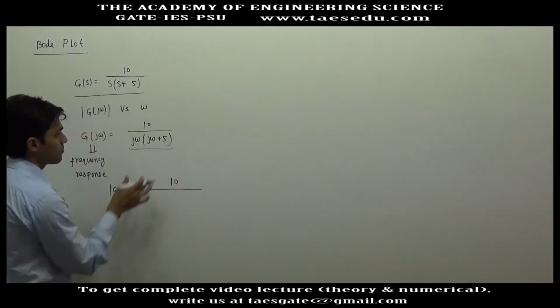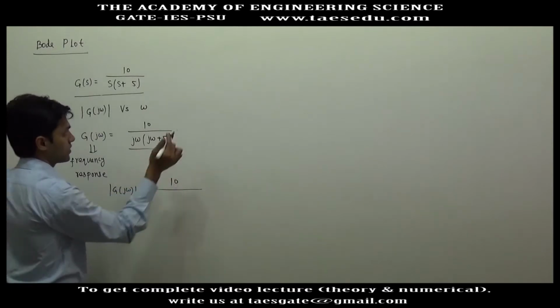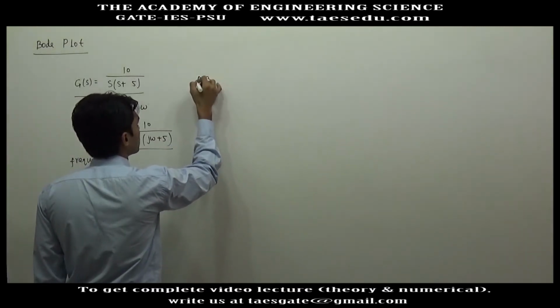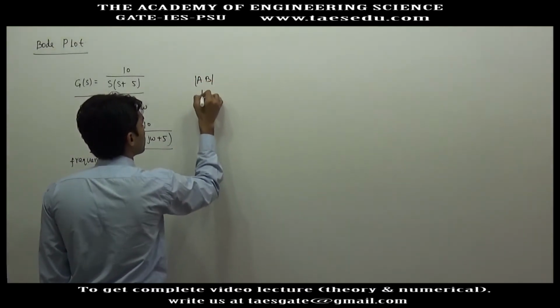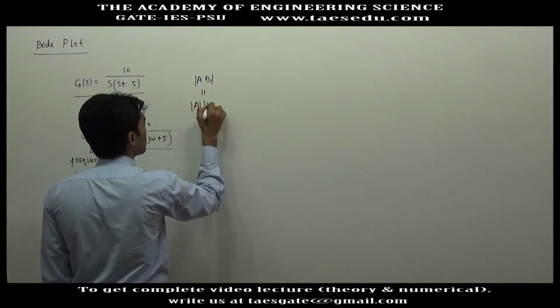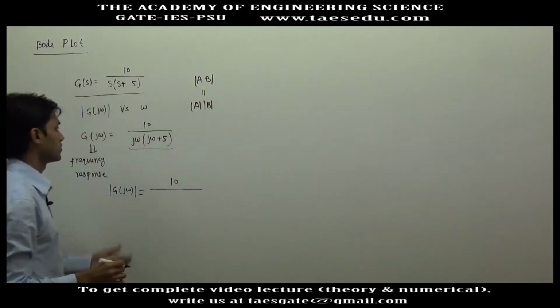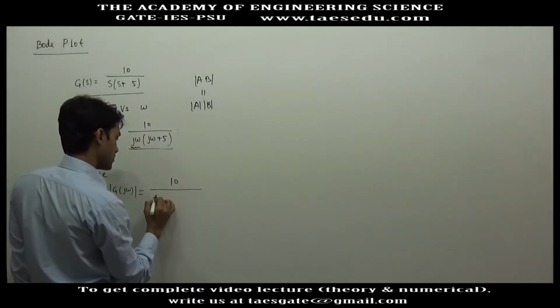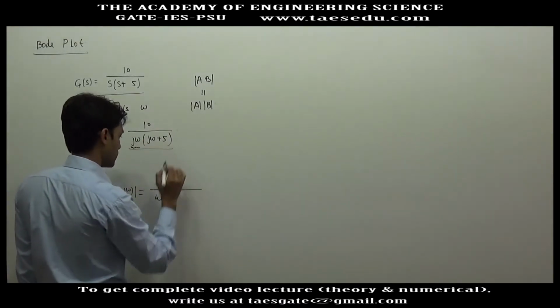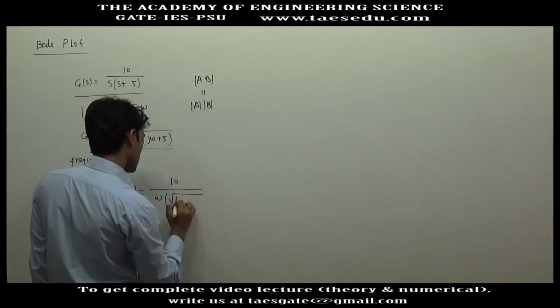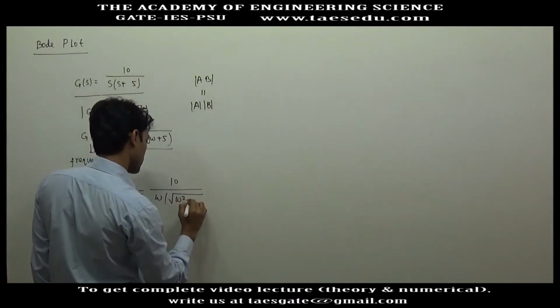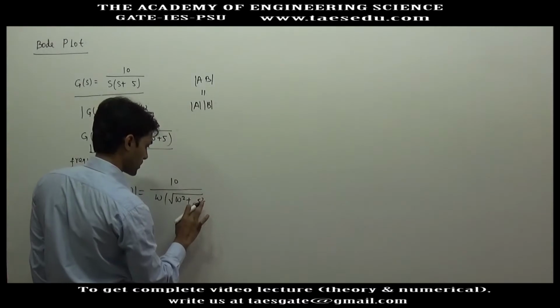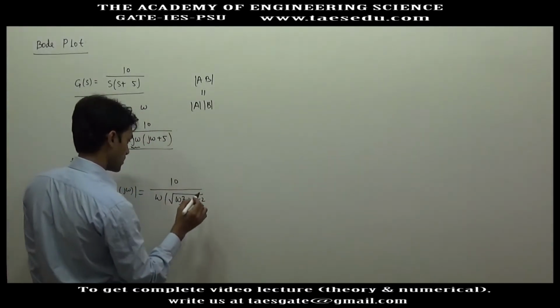the magnitude of the denominator. Okay, if you have a quantity A into B, the magnitude of A into B will be the magnitude of A into the magnitude of B. So the magnitude of this quantity is omega, and the magnitude of this quantity is the square root of real part square plus imaginary part square.